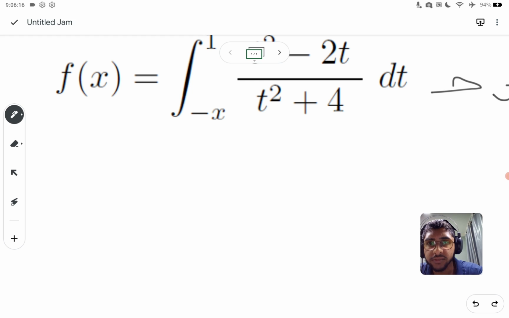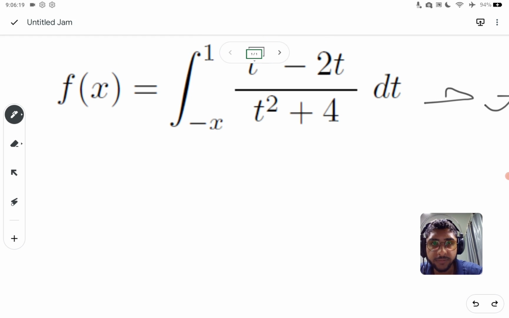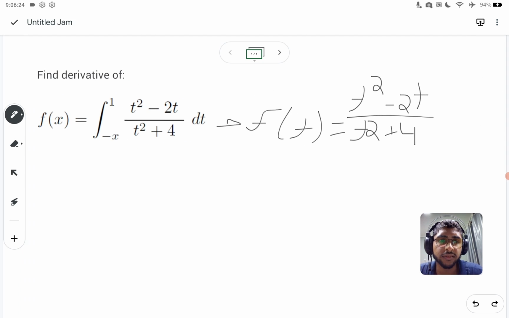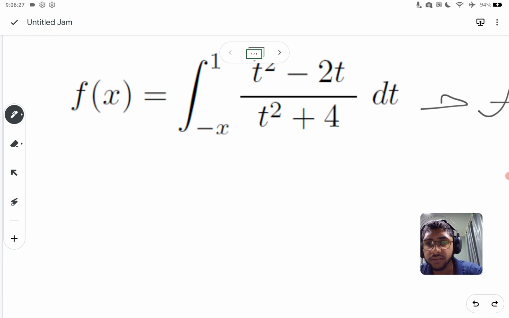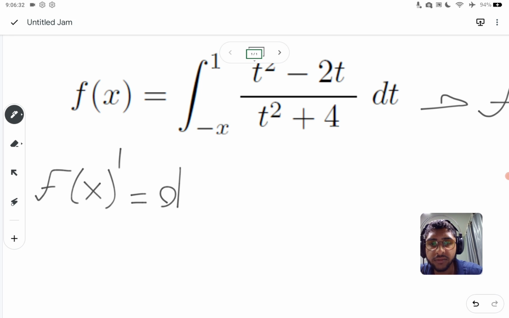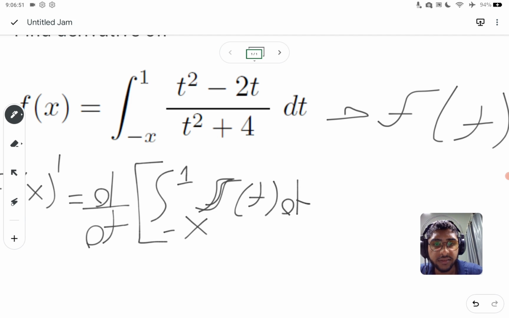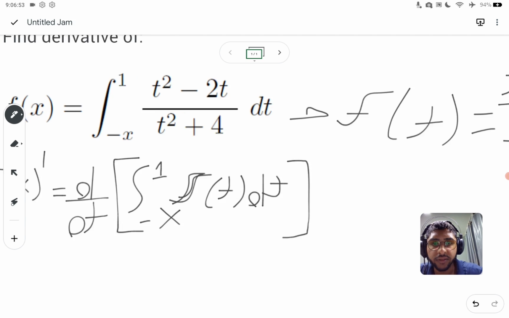Let's continue then. Okay, we call this function f(t). What you can do here is put f(x) derivative equal to d over dt of this integral from minus x to 1 of f(t) dt, right?